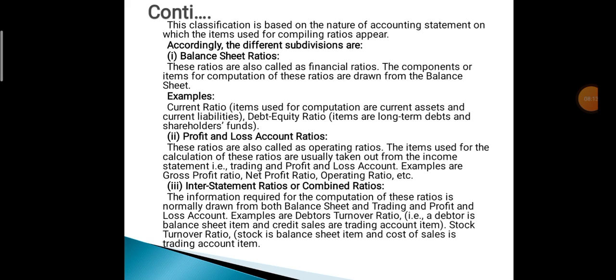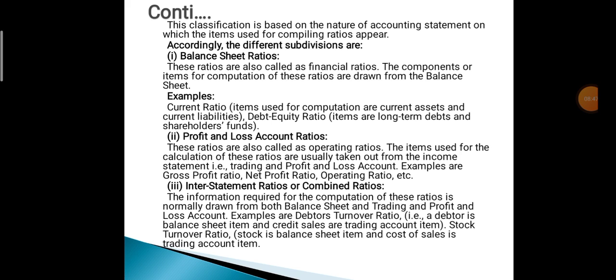Examples for that are gross profit ratio, net profit ratio, operating ratio, etc. And now coming to the interstatement ratio or combined ratio, we can call it mixed ratio. Here the data required for the computation of these ratios is normally drawn from both balance sheet and trading and profit and loss account. Examples are debtors turnover ratio, where debtors is from balance sheet and credit sales are from trading account.